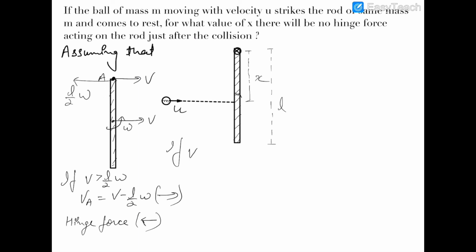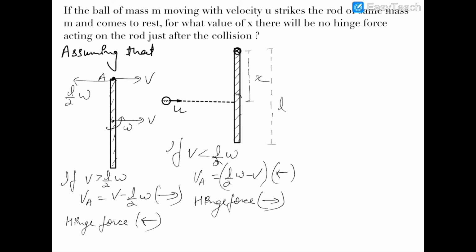If v is less than L by 2 omega, then the net velocity of A would be in the backward direction, and it is L by 2 omega minus v. And in this case, hinge force will be acting in the forward direction, because it would again not allow the point A to move in the backward direction. But the case we are concerned with is the one where the hinge force will not act.